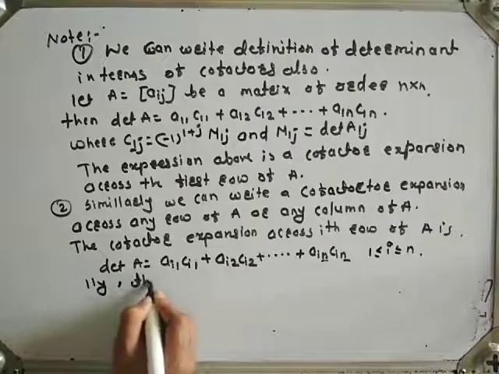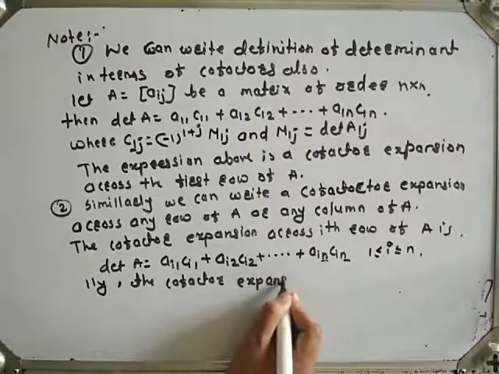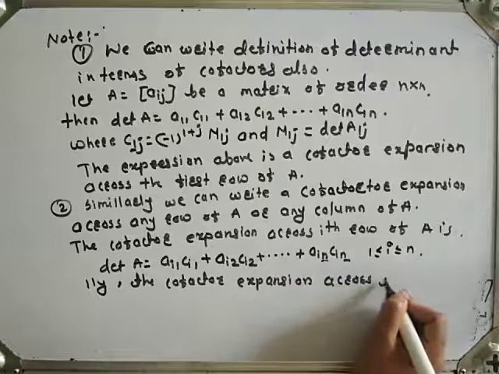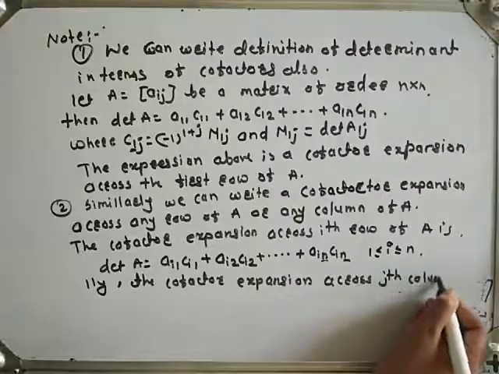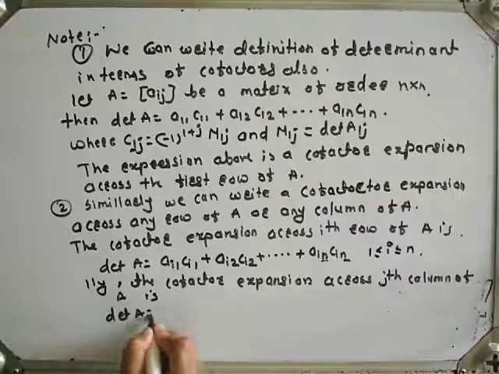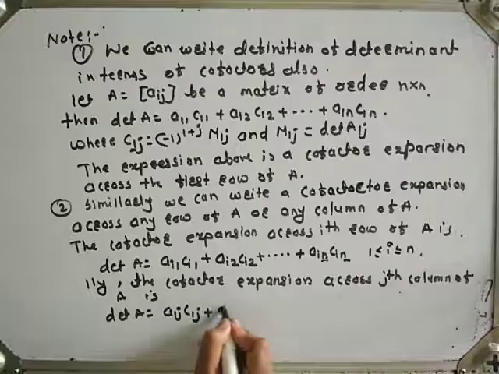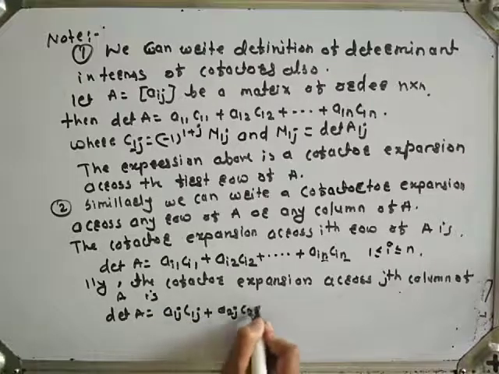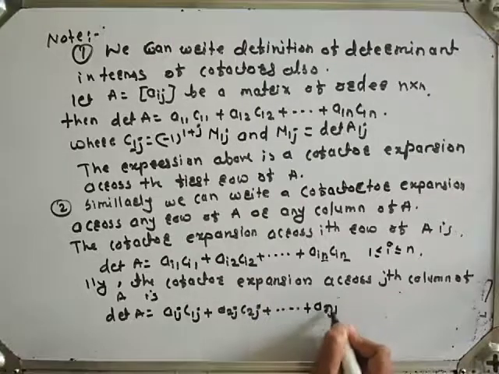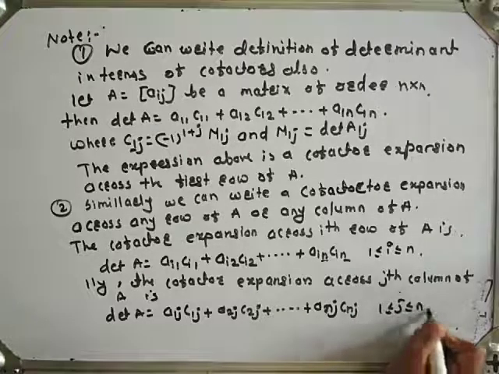Similarly, the cofactor expansion across the jth column of A is: determinant of A is equal to a1j into C1j plus a2j into C2j plus, and so on, up to anj into Cnj, where j runs from 1 to n.